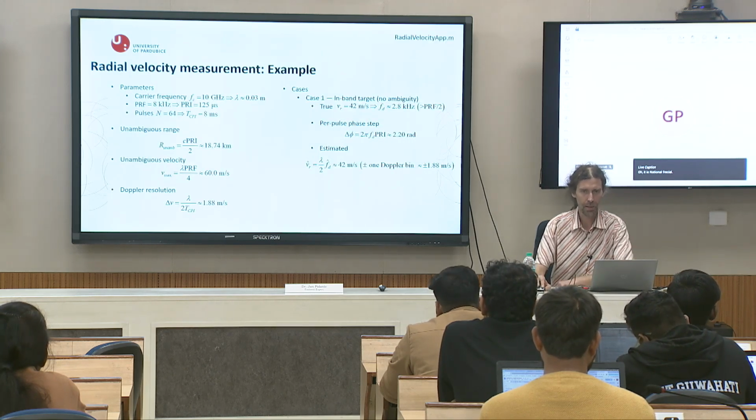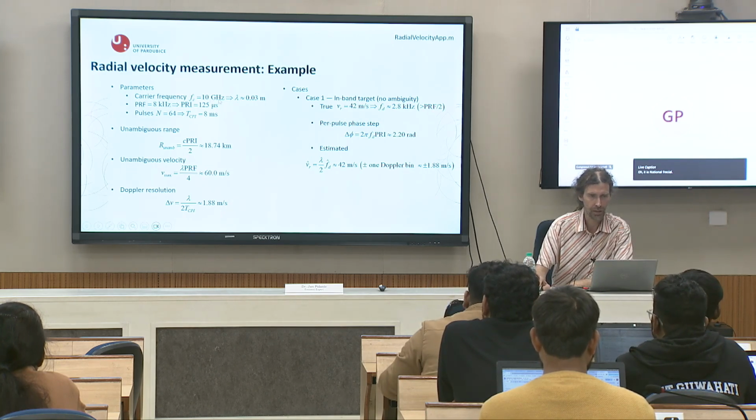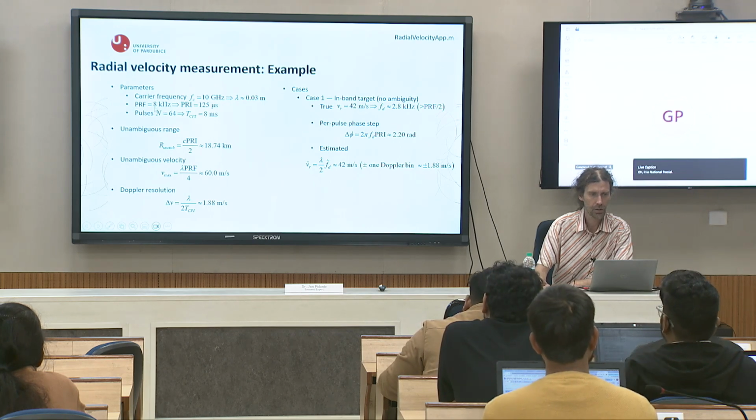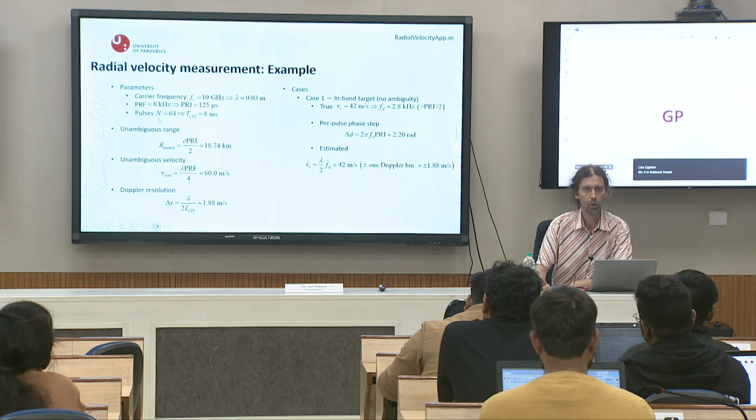Now there is an example, and again we will see an application. We have a carrier frequency and pulse repetition frequency: PRI is 125 microseconds, PRF is 8 kilohertz. We have N pulses. What does this mean?